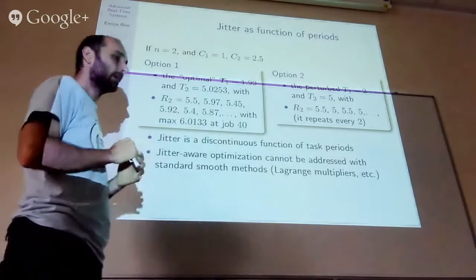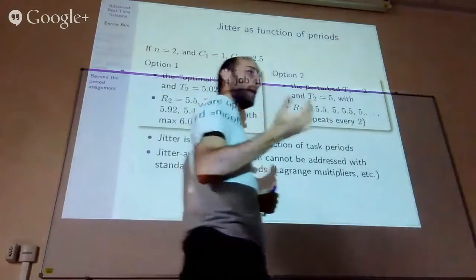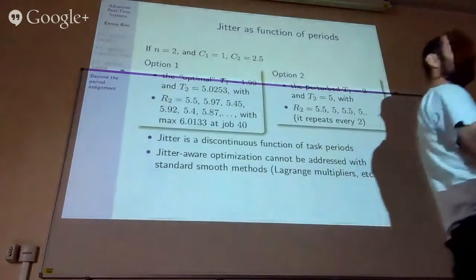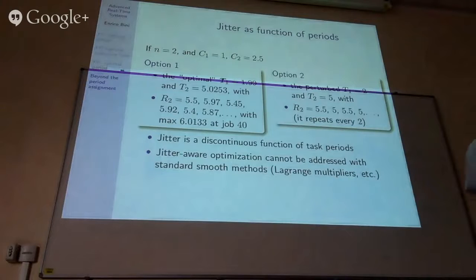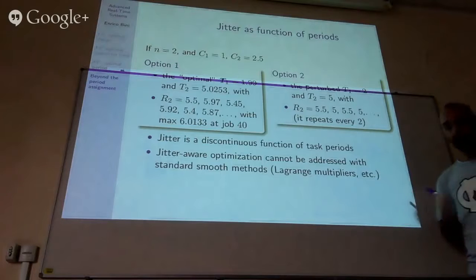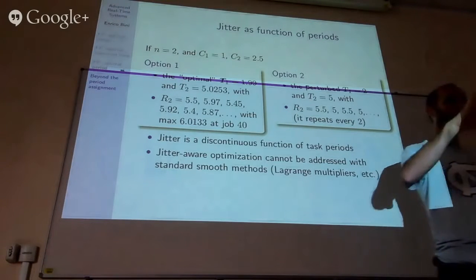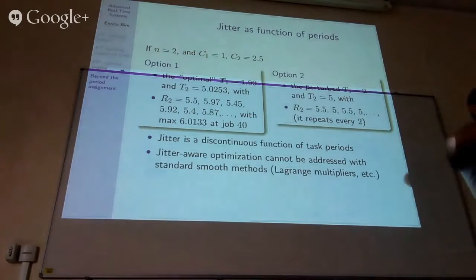So basically, an optimization method which is jitter aware is not simple. You cannot use classical continuous, smooth methods, like Lagrange multipliers and stuff like that, because these techniques assume continuity of the cost, continuity of everything.